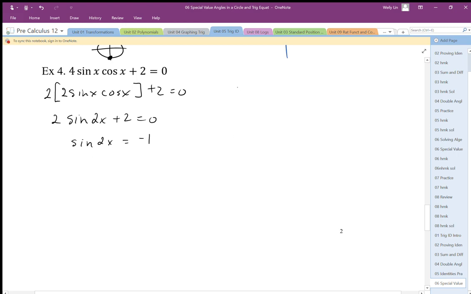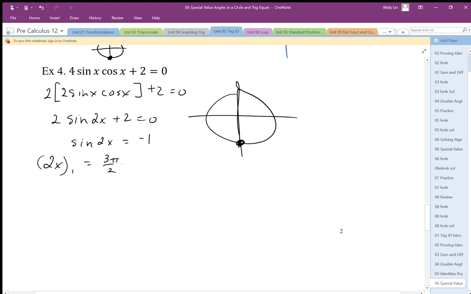Where's sine equal to -1? It's going to be equal to -1 down here. There's only one solution. That's going to be equal to 3 pi over 2. Okay, so theta is equal to 3 pi over 4. And then again, because of horizontal compression, it's going to be plus n pi.